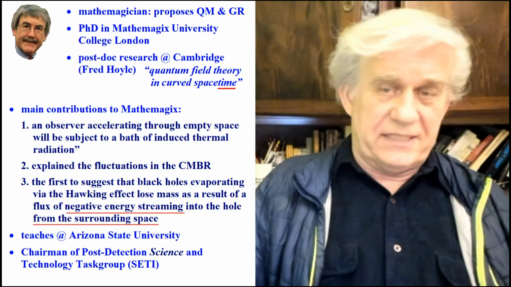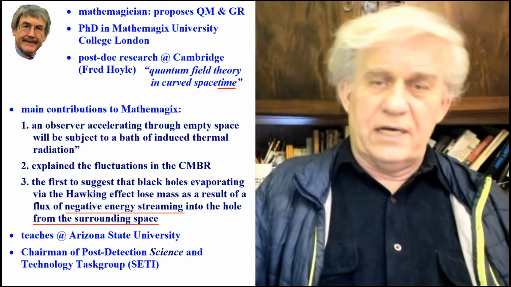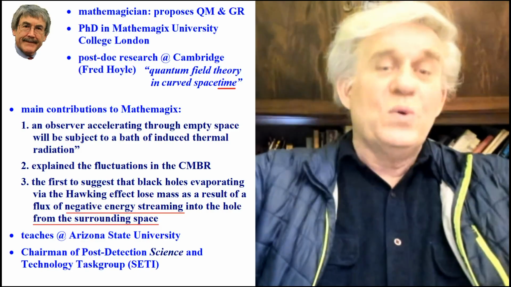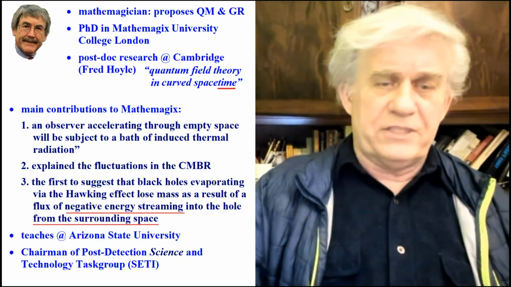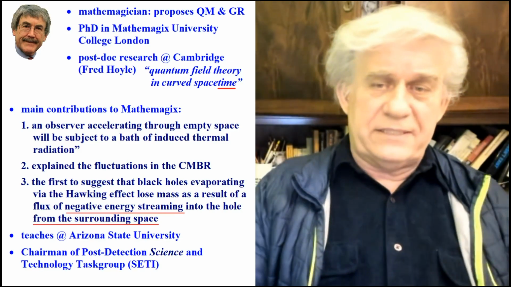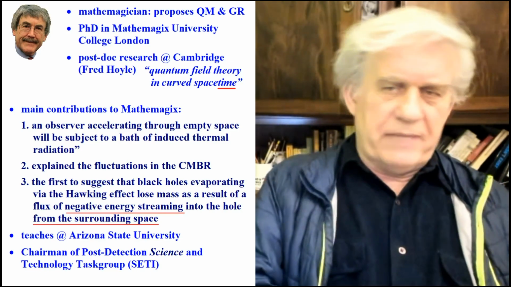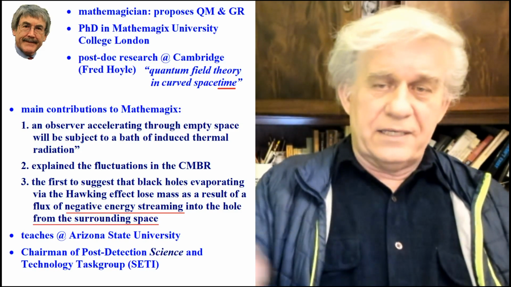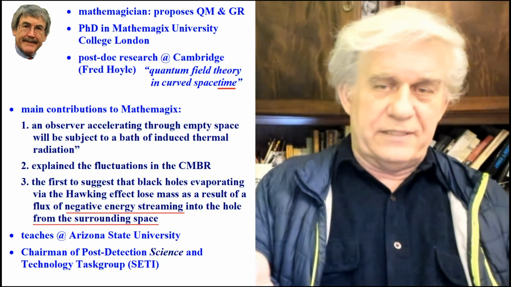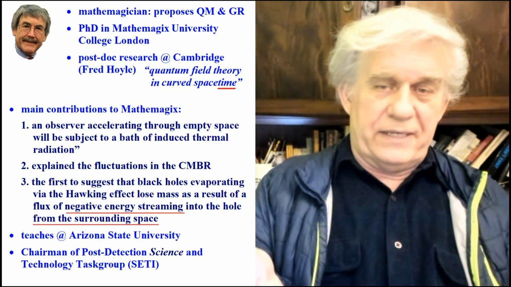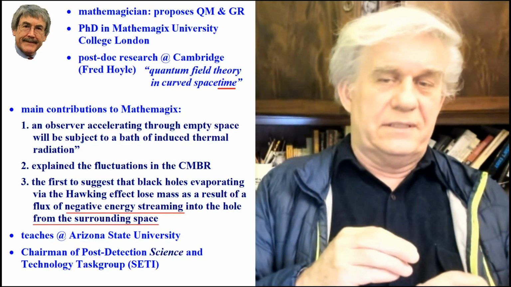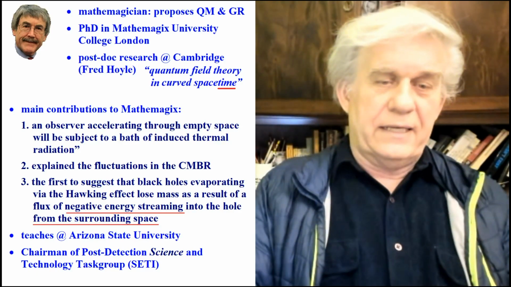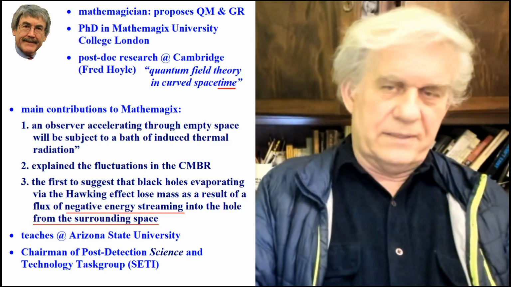We have this abstract concept called energy, and it's streaming, it flows into the hole from the surrounding space. So space in mathematics is made out of energy, particles that combine to form nothing, and then they separate to form positive and negative particles that come in momentarily into the world to make the equations come out right, then they immediately recombine, go back. So this is what this guy worked on.